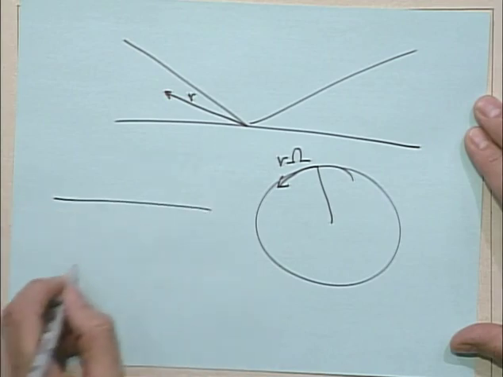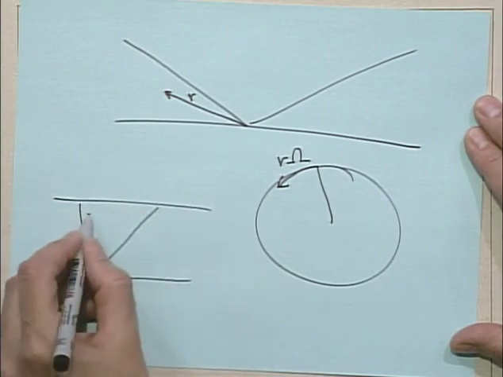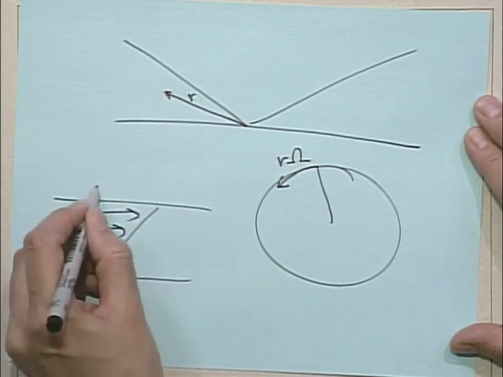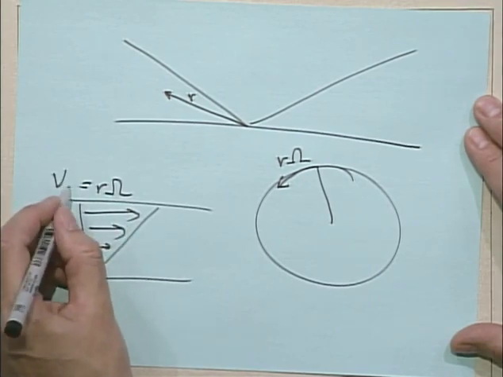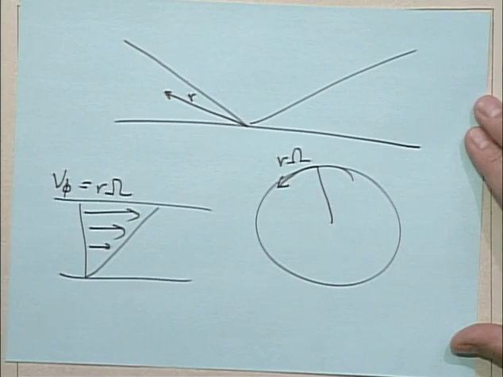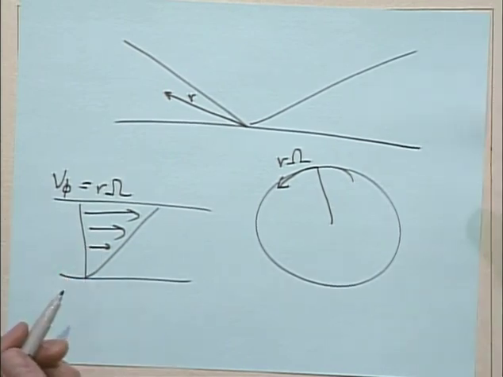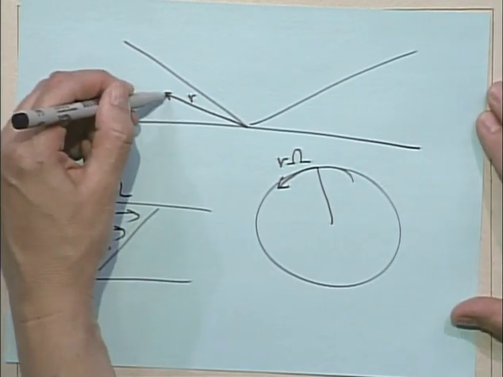So once again, when we translate that into the shear flow coordinate system, this is this velocity here. In this case, this is V phi. Now, what's different about the cone and plate compared to the parallel plate is the gap.